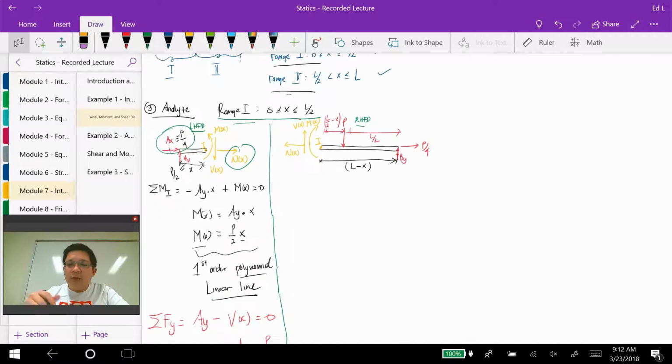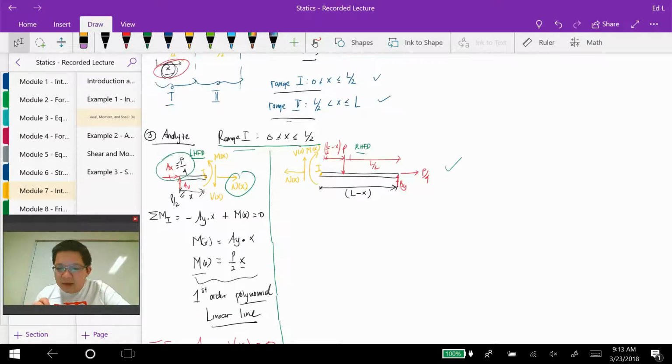So we can continue with the right hand free body diagram in the first range, and I will show you that you should obtain exactly the same expression. No matter which diagram you choose, left or right, you should obtain the same expression, as long as you start from the same reference point for x.